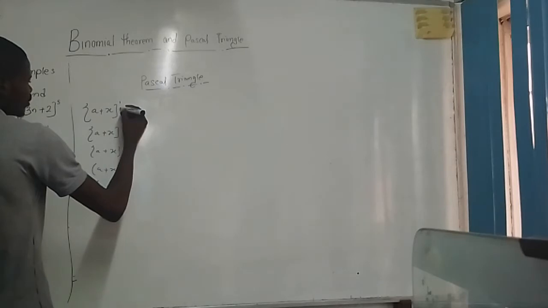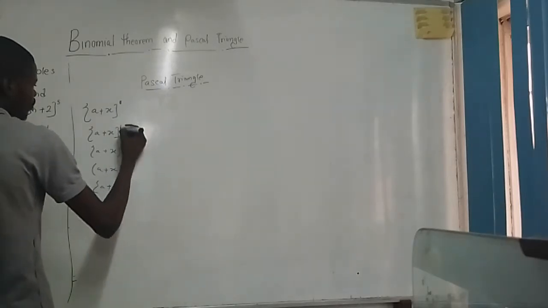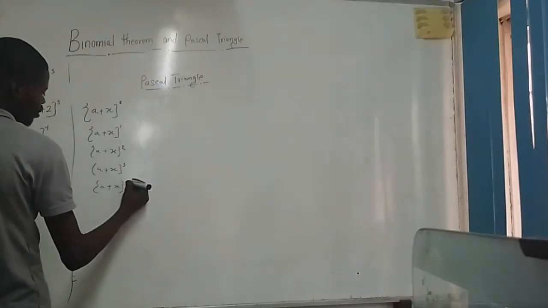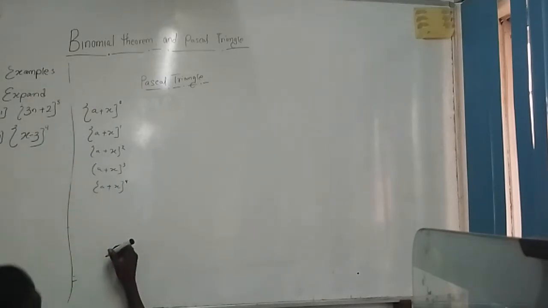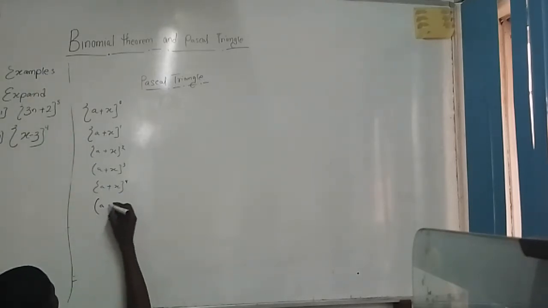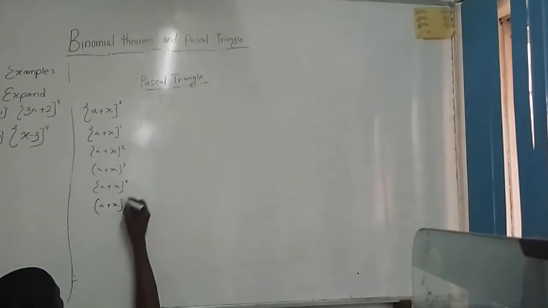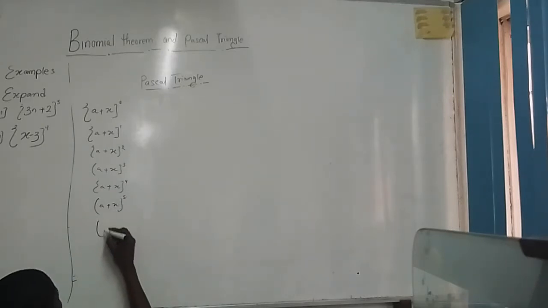This should be 1, 2, 3, 4. This should be again a plus x, a plus x, a plus x.